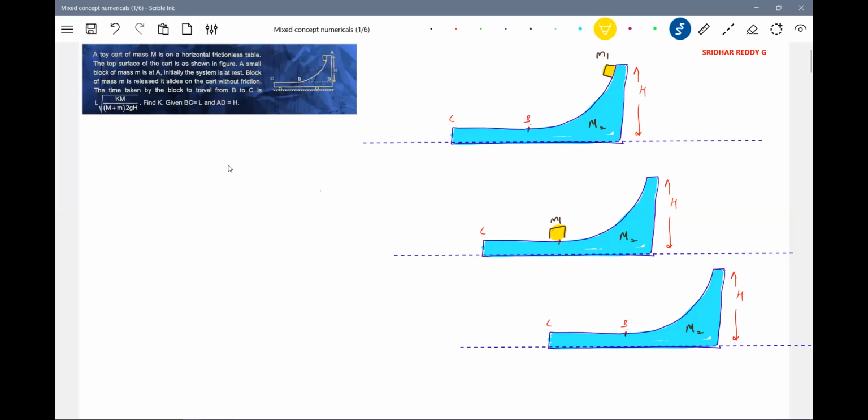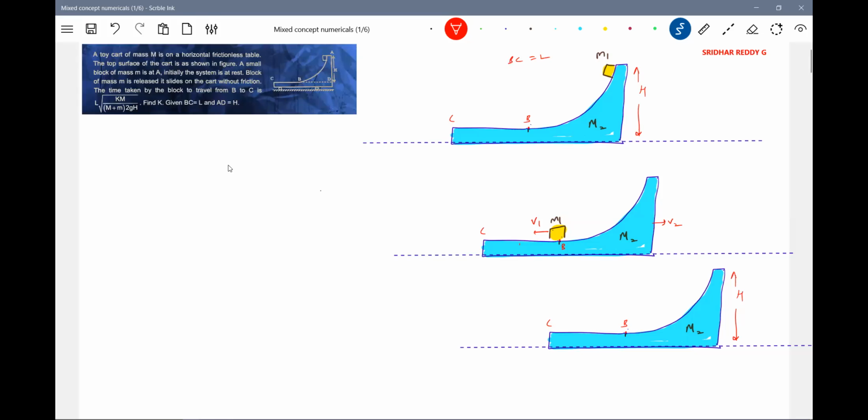What is the velocity they will acquire? Here it will have velocity V1. This will have velocity V2. Now what is the time taken to move from B to C? The length BC is equal to L.